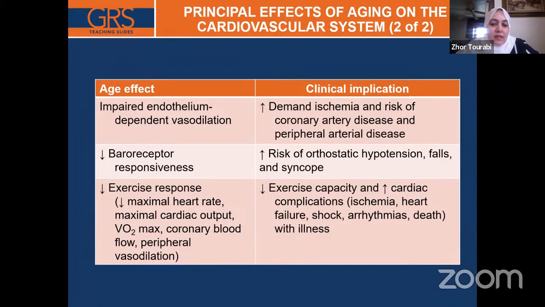Decreased exercise response leads to decreased maximal heart rate, maximal cardiac output, VO2 max, coronary blood flow, and peripheral vasodilation. This will also result in decreased exercise capacity and increased cardiac complications like ischemia, heart failure, shock, arrhythmia, and death with illnesses. Next slide, please.